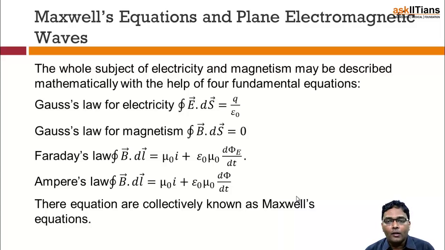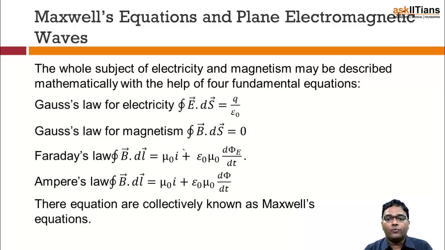We are aware of a few different equations, like Faraday's law, Ampere's law, Gauss's theorem and so on, right? Maxwell combined all of that and wrote down what we call Maxwell's equations. From Maxwell's equations, it was very easy to identify the wave equations which satisfy all the equations defined by Maxwell.